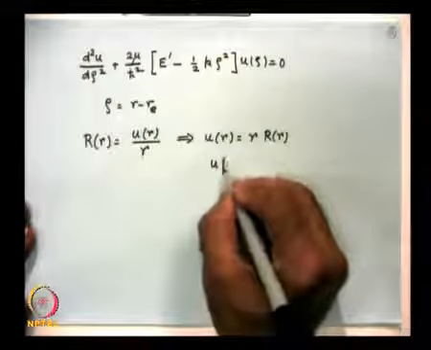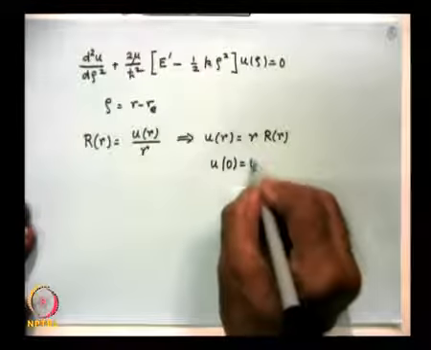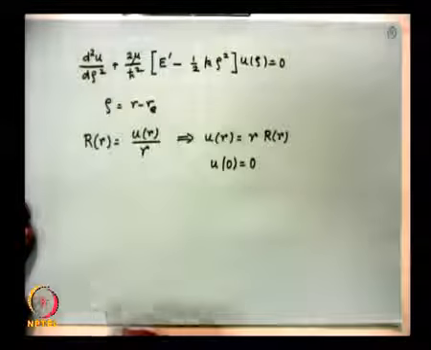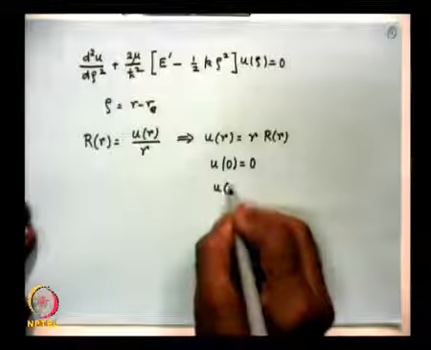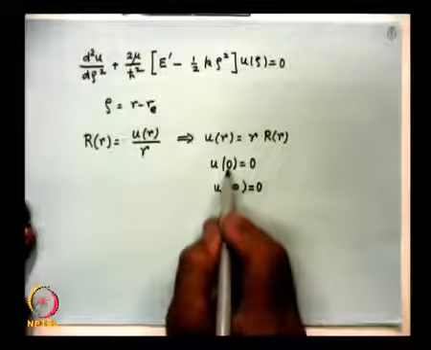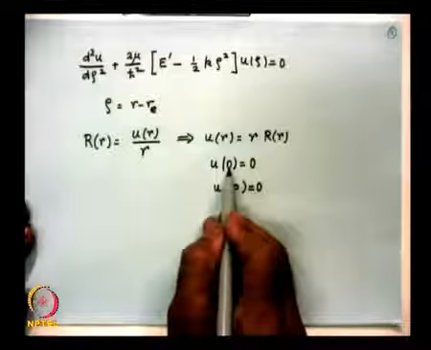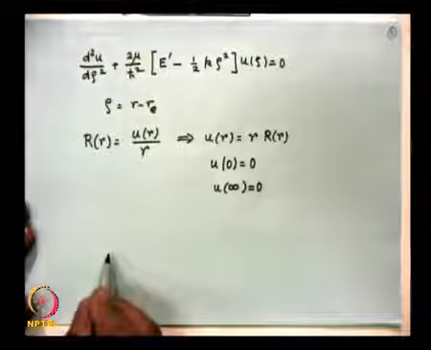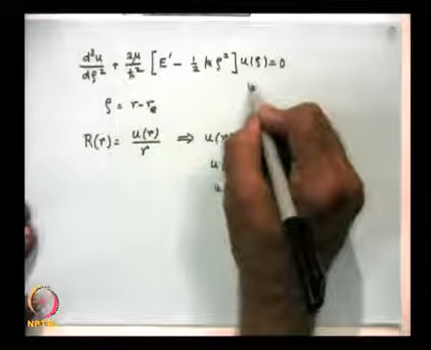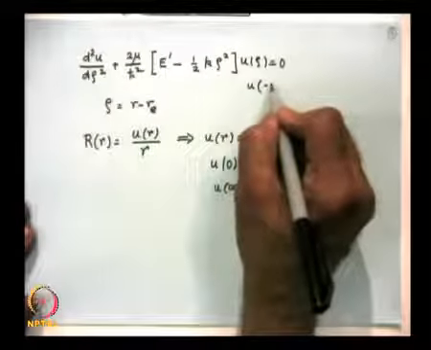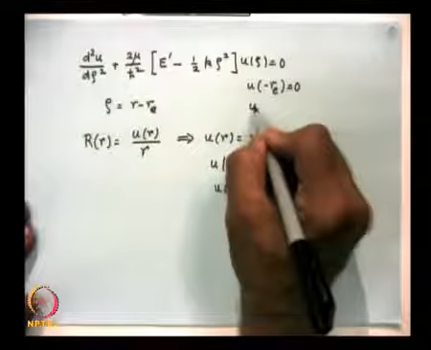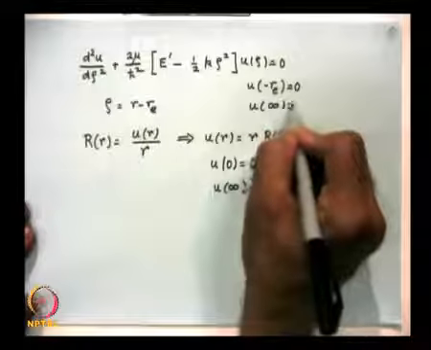So, u of 0 is equal to 0, and of course at infinity it is 0. So, r equal to 0 means rho equal to minus r e. So, the boundary conditions are u at minus r e must be 0 and u at infinity must be 0.